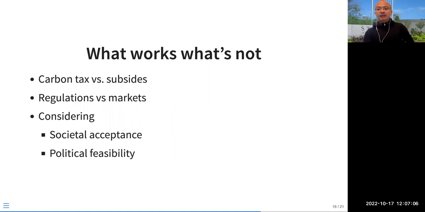That doesn't mean there's no space for tax, but it has a societal and political acceptance issue. Also, regulation versus market: the social cost of carbon is based on the assumption of a workable market that would have a value for those impacts, and also would respond to the introduction of a cost.